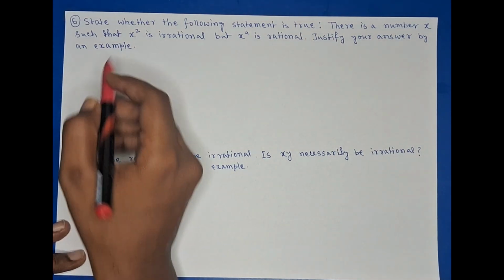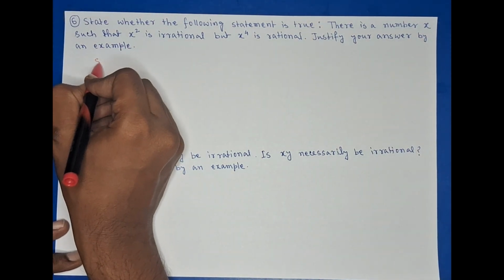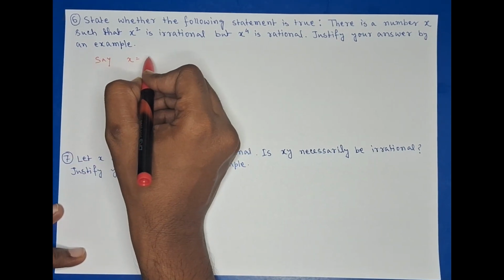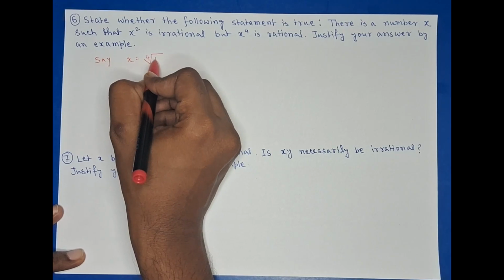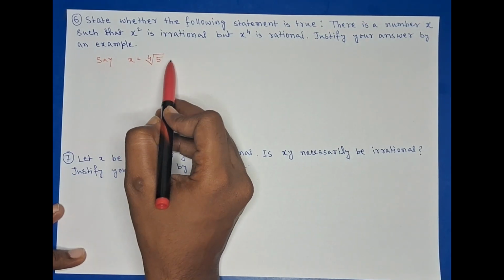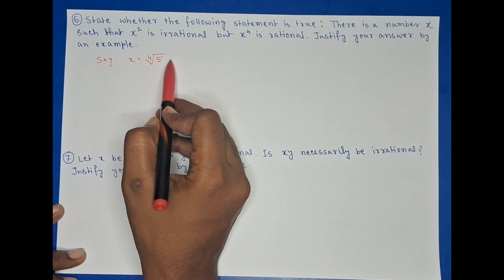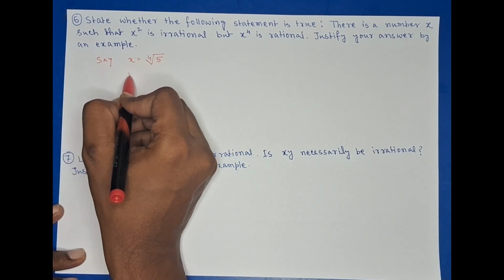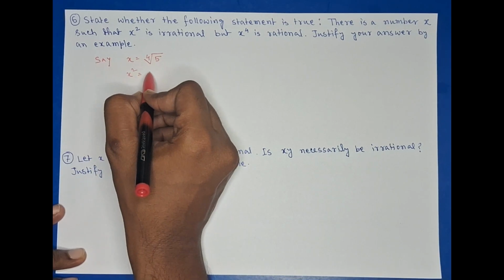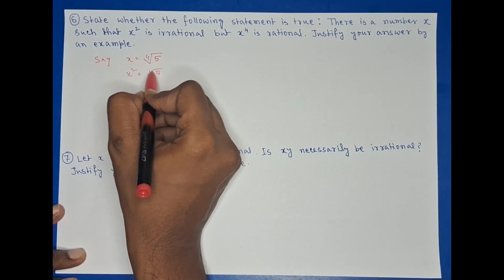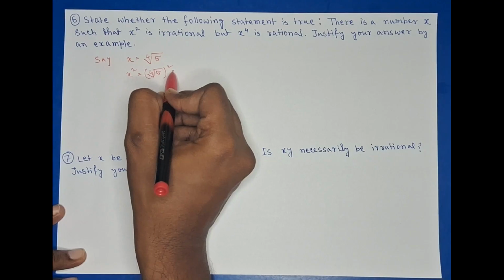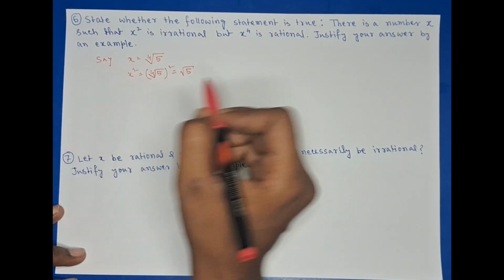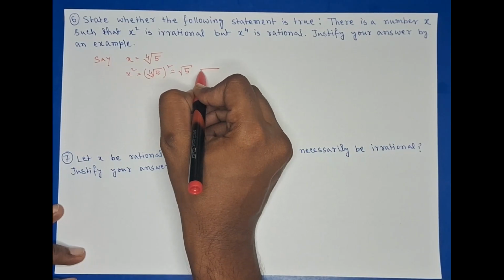Let us take the example. Say x is equal to fourth root of 5. X is irrational, no doubt. What about x square? X square is equal to fourth root of 5 whole square, which is equal to square root of 5. What is this?